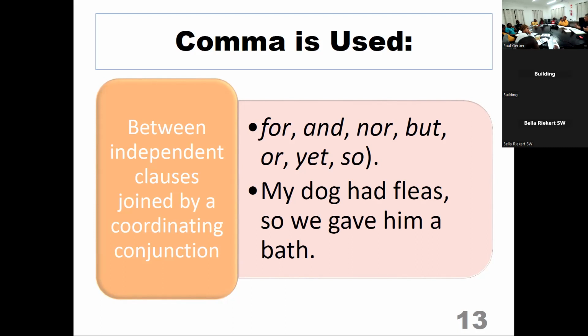If you have two sentences that don't need to be two sentences, you use the "and" to join them. It's not always that you're going to use the comma in those circumstances. So they are two different things.